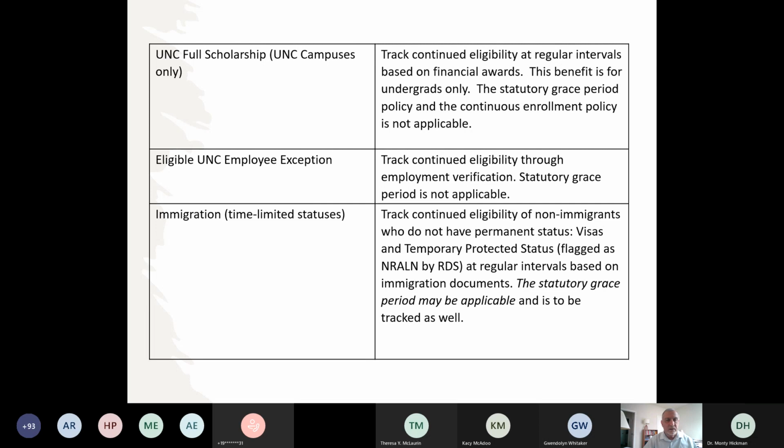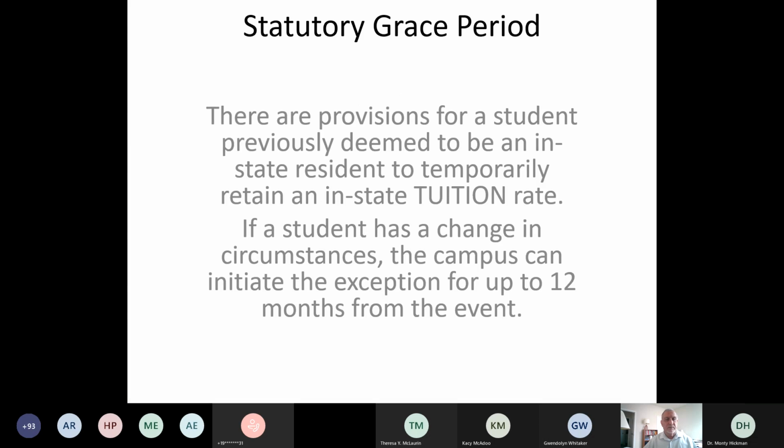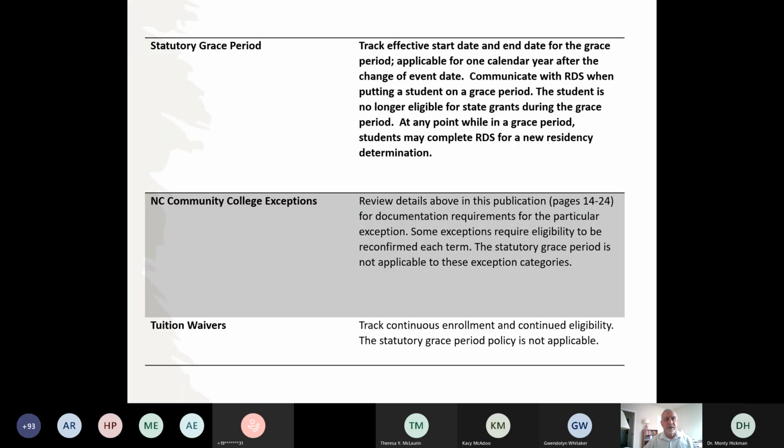Hold on, sorry, I have a question I'll get to in a second. Statutory grace period, let me come back to that. But for community college exceptions, you've really got to look at the particular document or what you need to track based on the individual exception, whether it's for 1 year, or whether it's by semester, like the business certified, it's got to be for each semester.